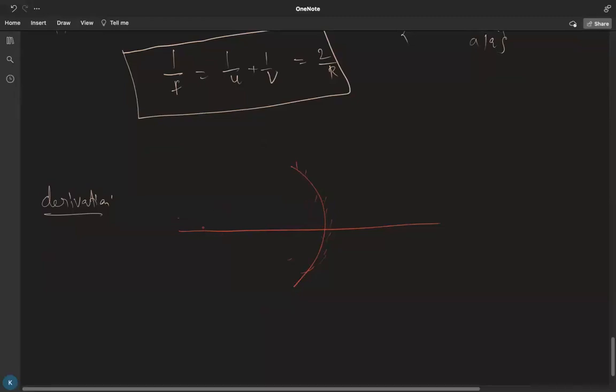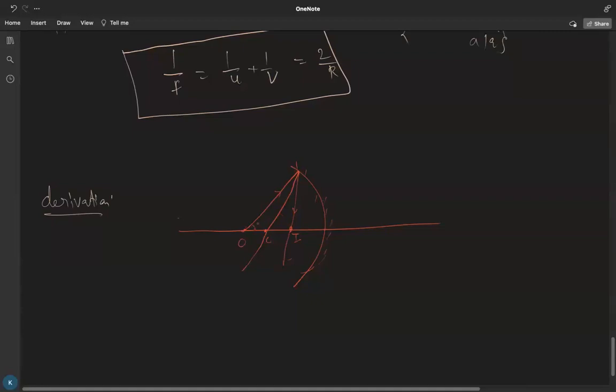I'm assuming that there is my object, and these are the rays going, and I'm assuming that the center is on the right hand side, and the ray of light goes this way. So there is our image, and let's take a line from the center. This point is our center of curvature.